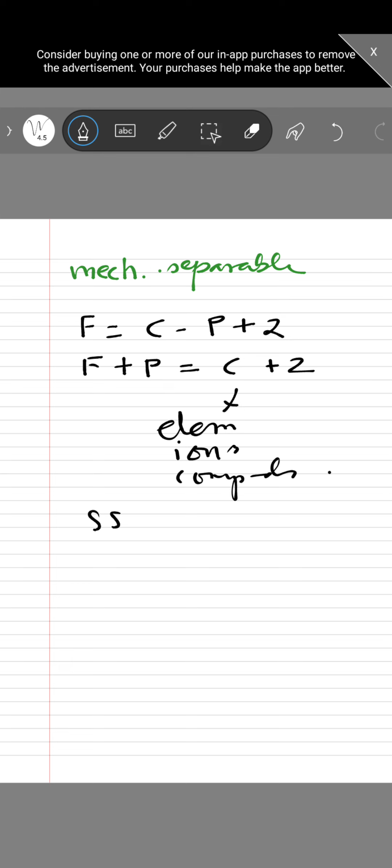In the case of stainless steel, the number of components is 2, because we have iron which is being alloyed with carbon. It can also be a single component system, for example H2O.